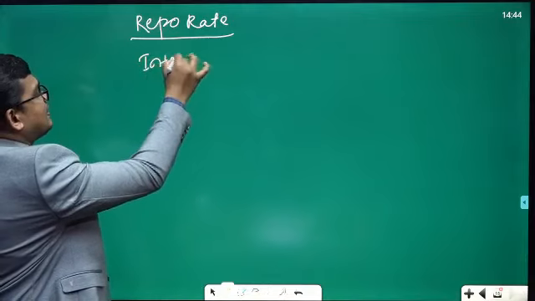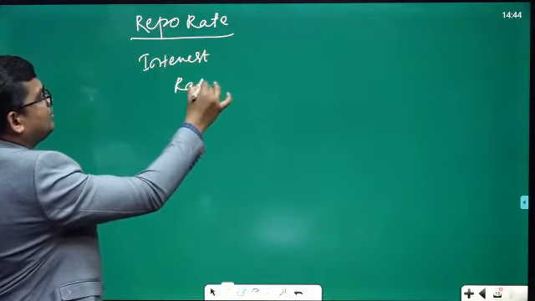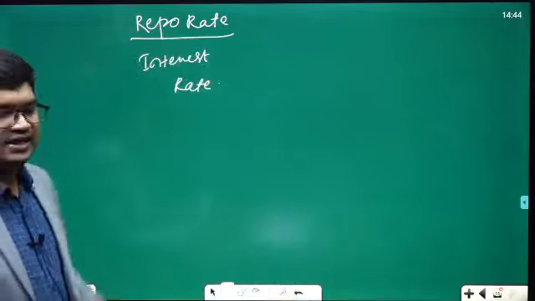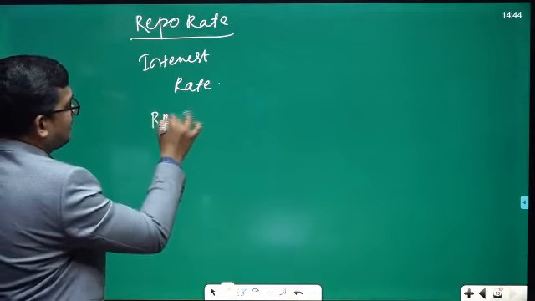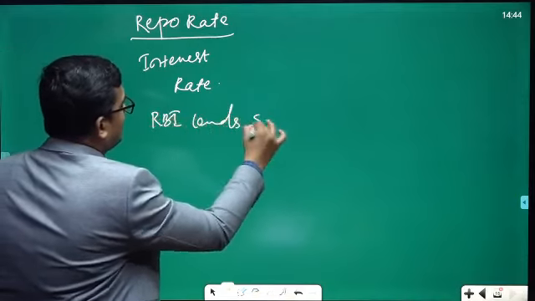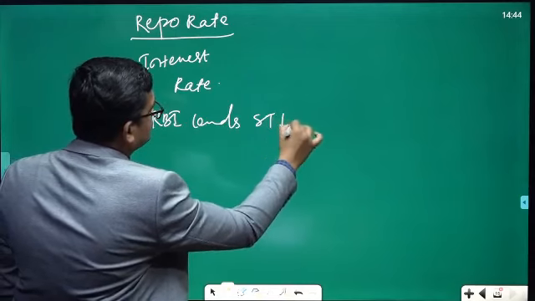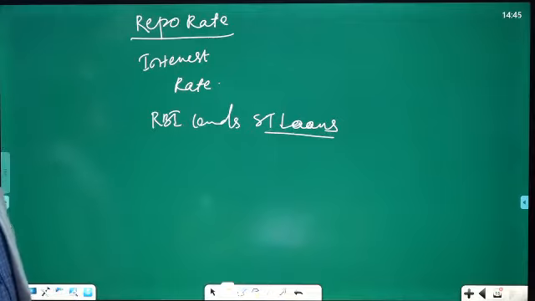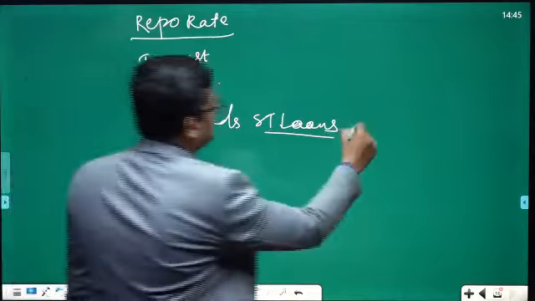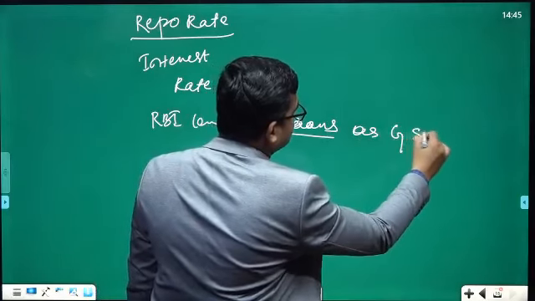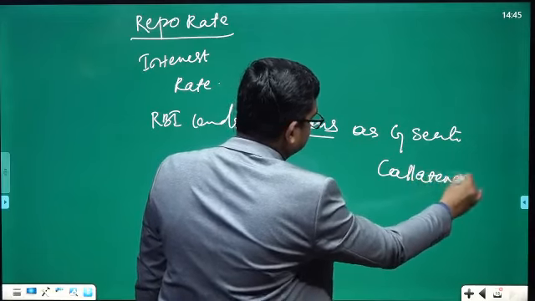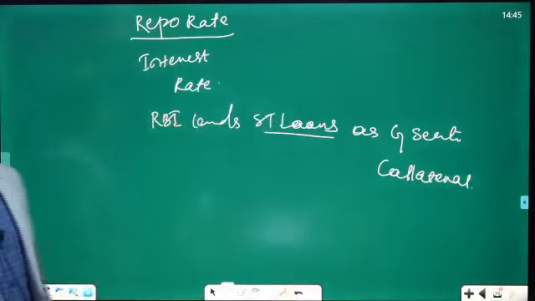The rate of interest, or the interest rate at which RBI lends short-term loans, with government securities as the collateral.